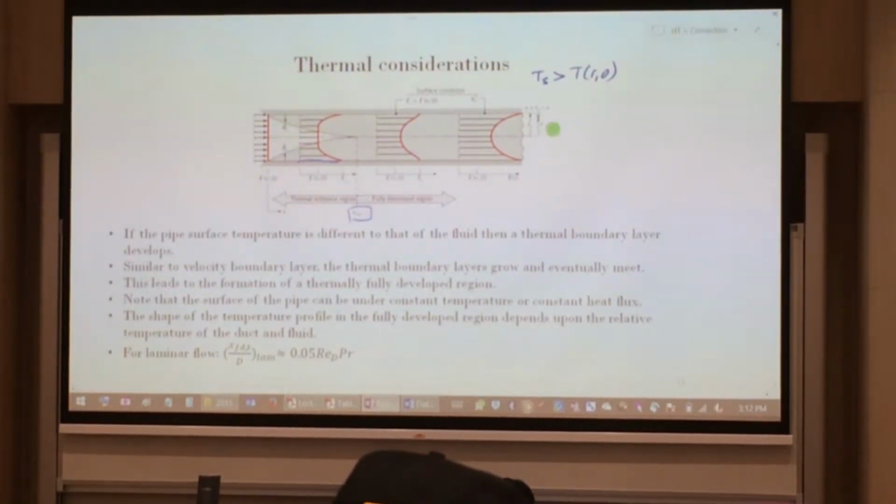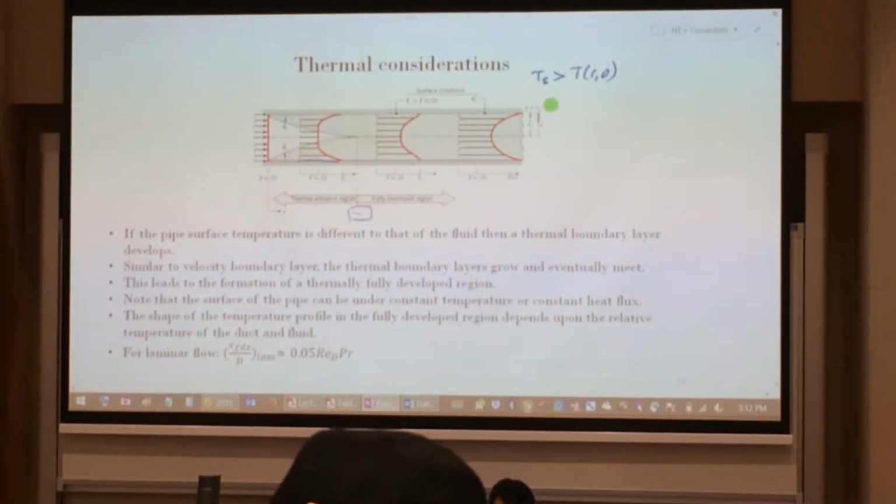For your pipe system, the labeling is that this is small r, and from the axis all the way to the surface will be r naught. Y is defined as r naught minus r, indicated by this small arrow over there.